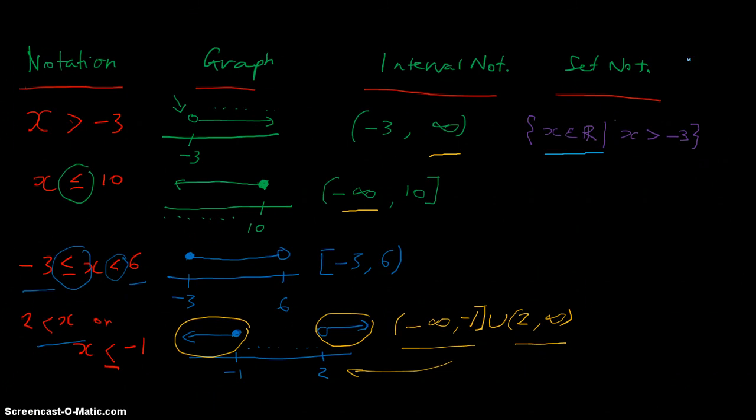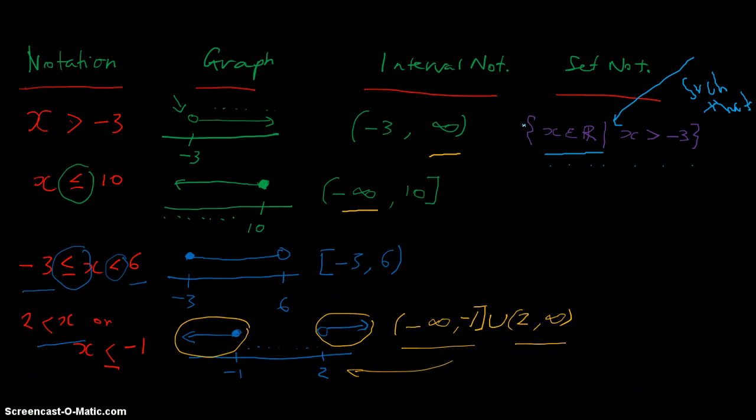And this line here, we like to think of it as the words "such that". So if we read that out, x is an element of all real numbers such that x is greater than minus 3.